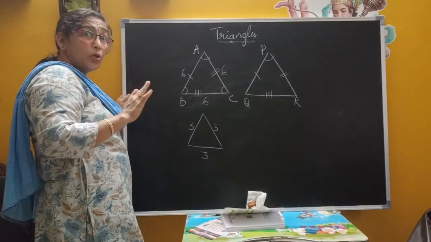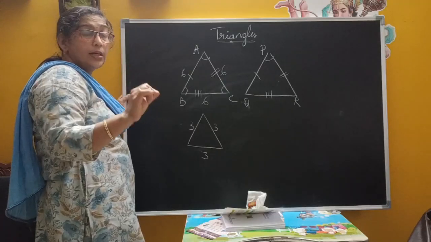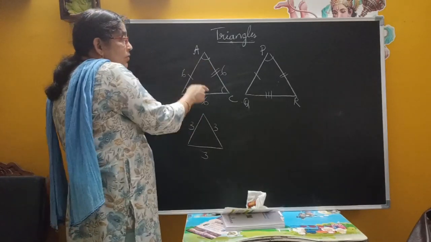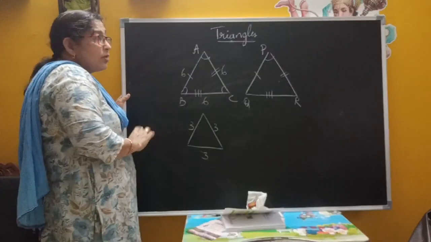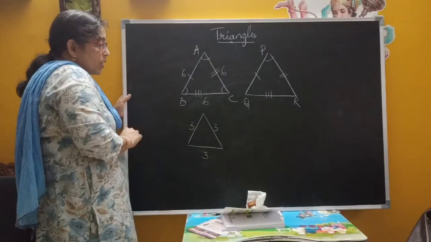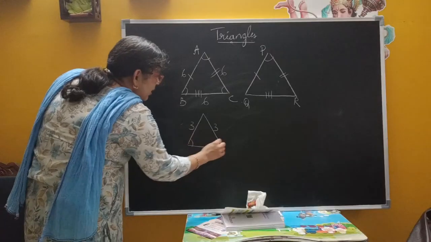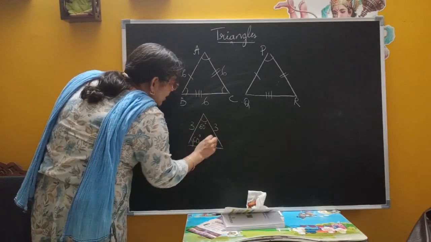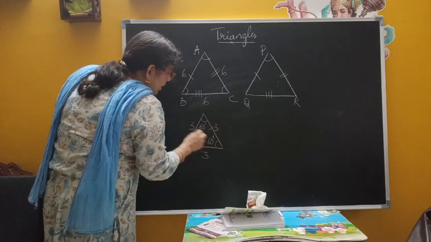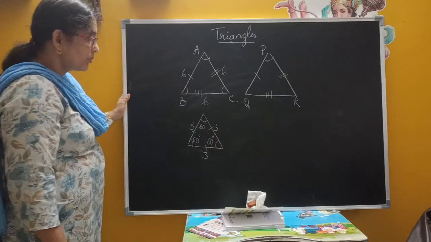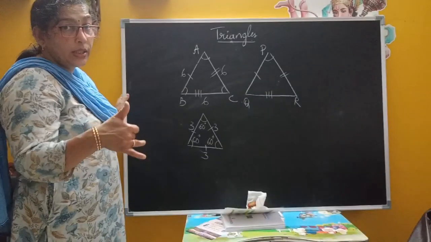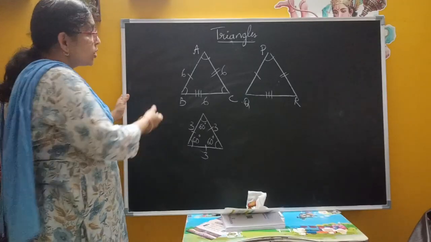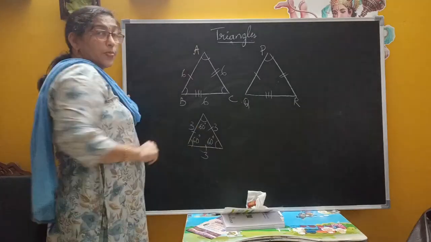To explain similar triangles we must have equal angles. Only if they have equal angles, then we call them similar figures. This is an equilateral triangle, so each of the angles measures 60 degree and all three sides are equal. So one of the points to remember: in similar triangles, all angles must be equal.